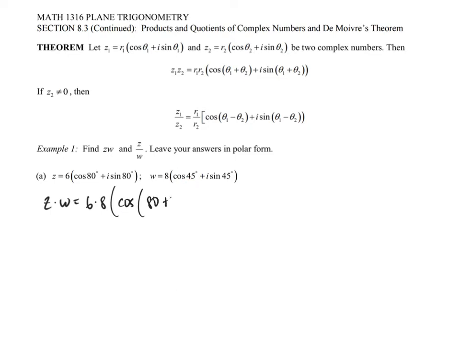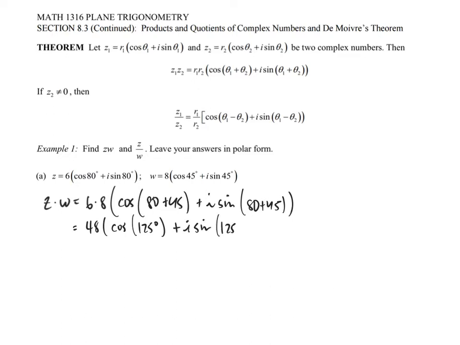So 80 plus 45, plus i times the sine of the same thing, 80 plus 45. And then I'm just going to simplify that. So 6 times 8 is 48, and then cosine of 125 degrees plus i times the sine of 125 degrees.